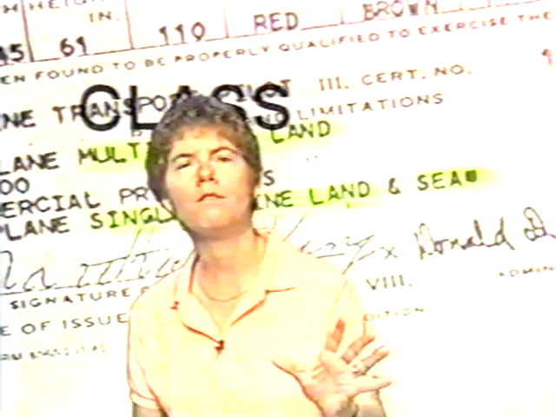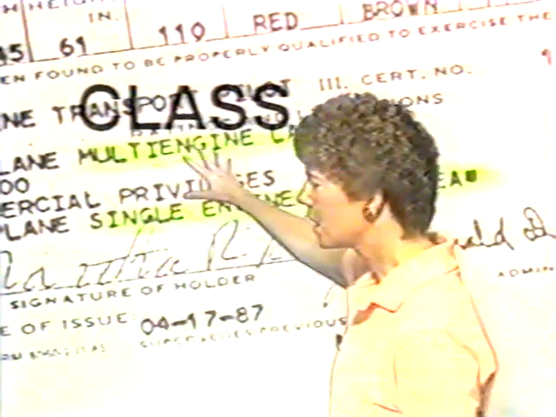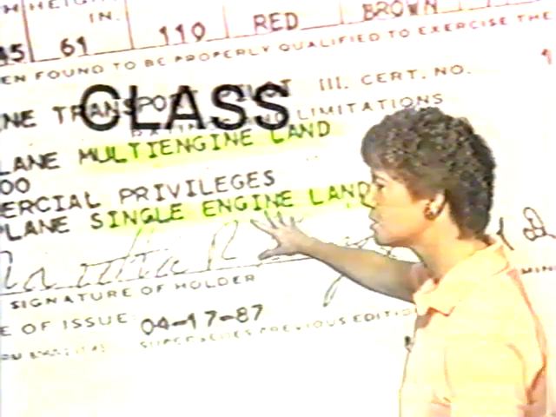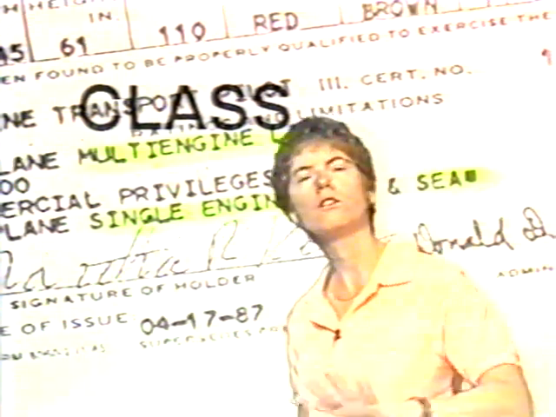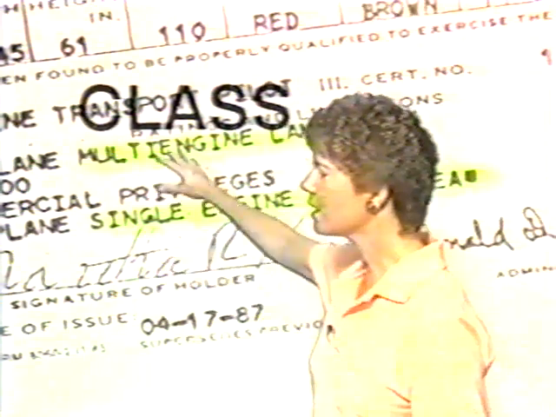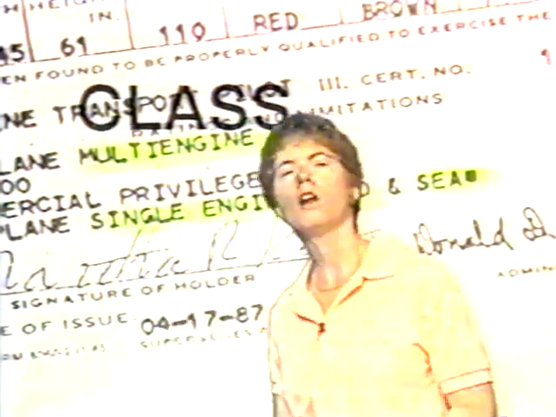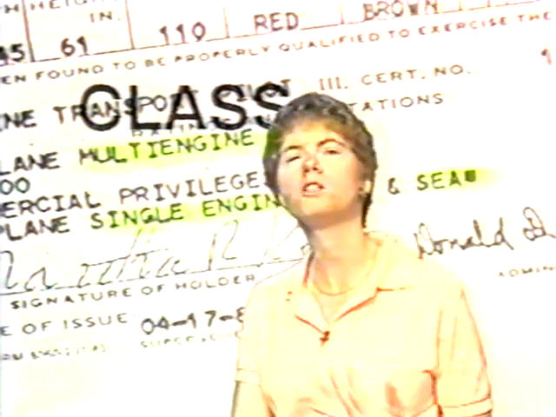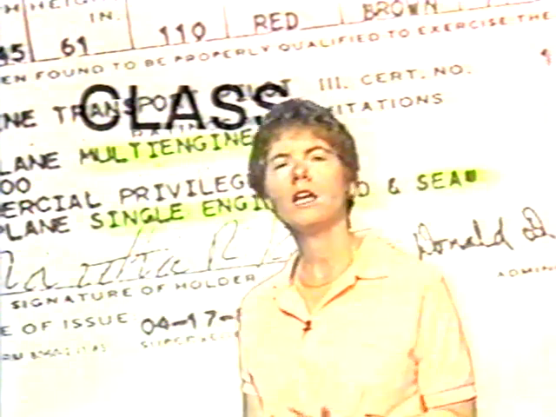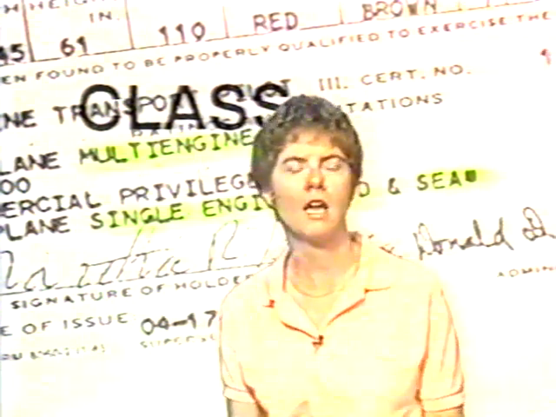Under the category of airplanes, we've got multi-engine land, single-engine land, single-engine sea, and multi-engine sea. So those are the classes under the category of airplanes. Under the category of lighter than air, we've got balloons and airships like the Goodyear blimp. So the class is a subdivision under category.